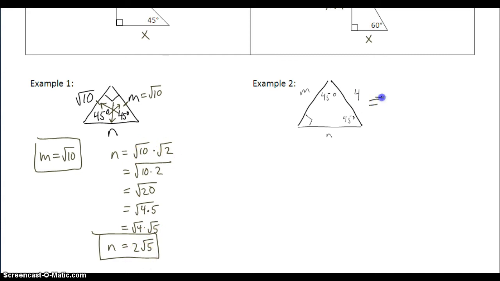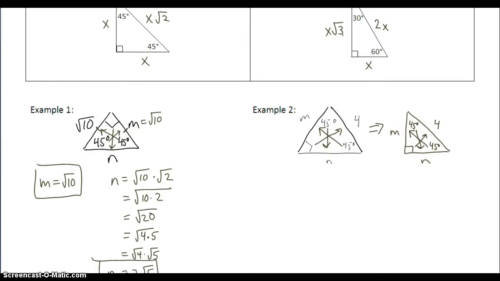In example 2, my triangle is not drawn to scale, so I'm going to redraw my triangle to scale and orient it just like my example at the top of my paper. My hypotenuse is 4, and my two legs are m and n. So in this example, I know the hypotenuse.